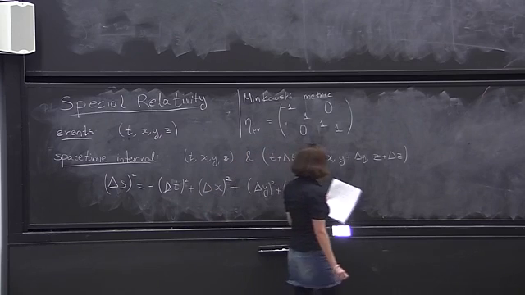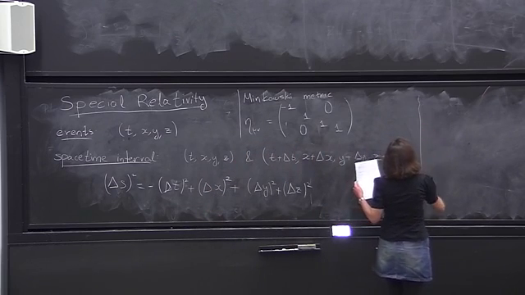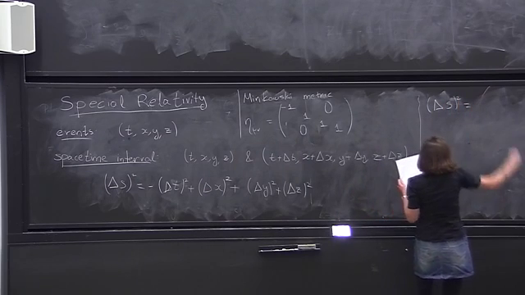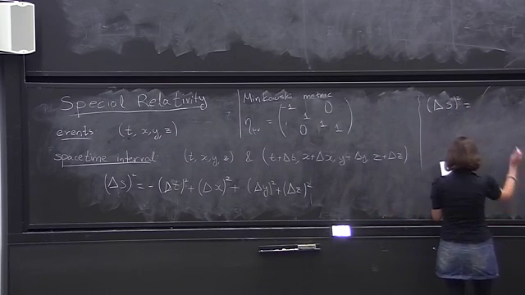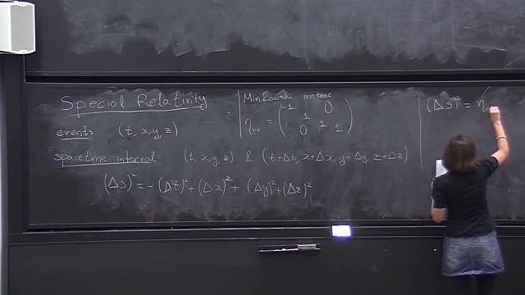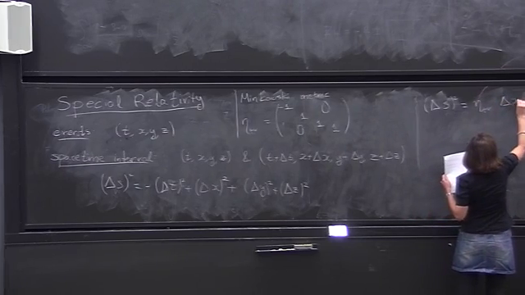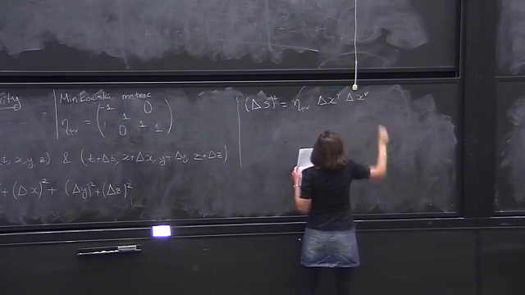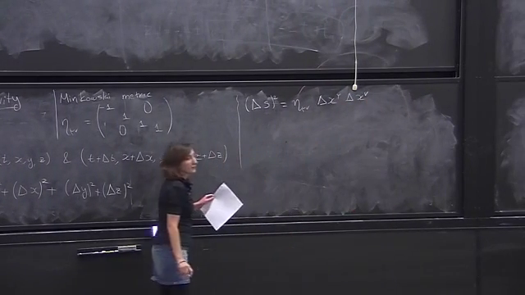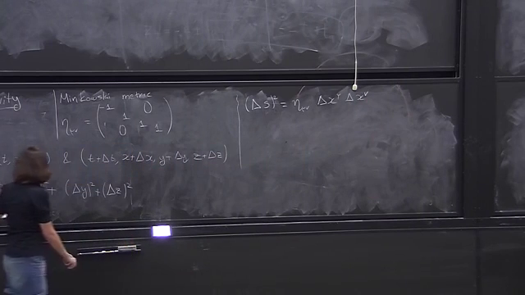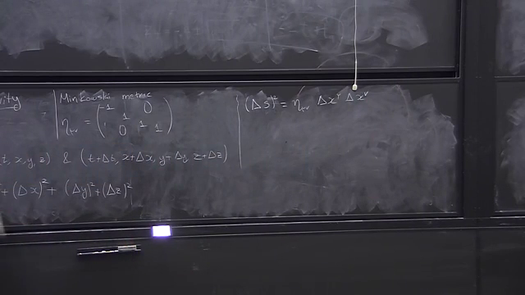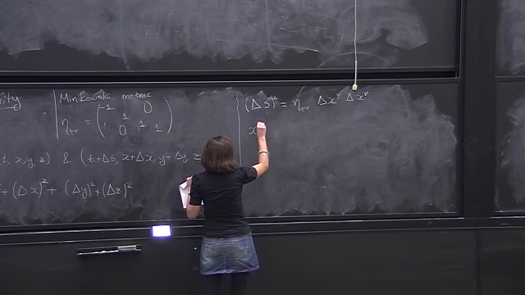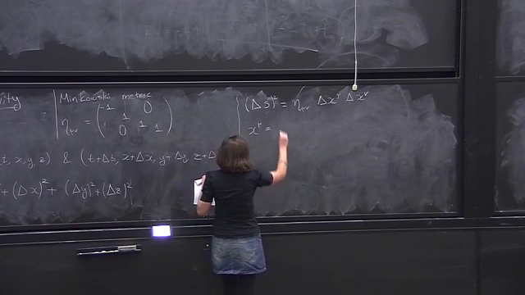So that we can write delta s squared equals eta mu nu delta x mu delta x nu, where here I have turned the four space-time coordinates into one position vector that I call x mu.